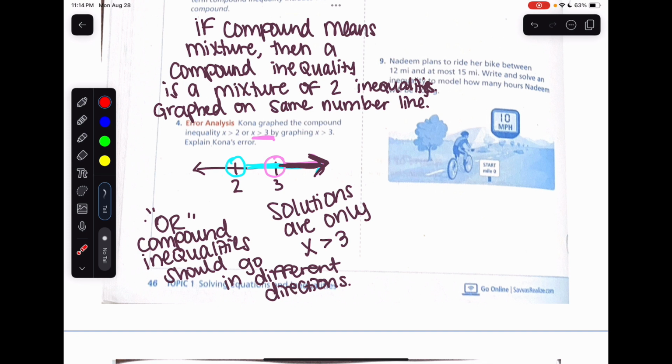I don't know. But what's happened is if the solutions are only at x is greater than 3, because that's where they overlap here, we're left off with the x is greater than 2 part, right? So we have this gap in between 2 and 3 that is not part of the solution at all. And there's no way that it can be a compound inequality when I have this gap here, okay? It can't be both ways.